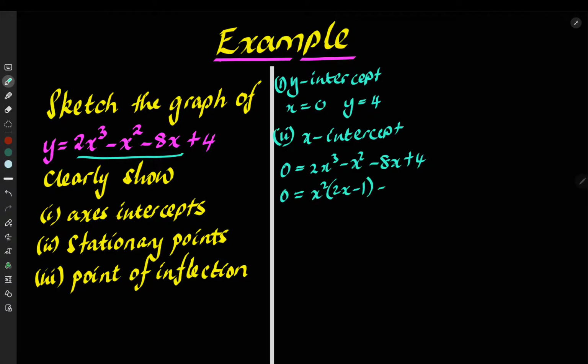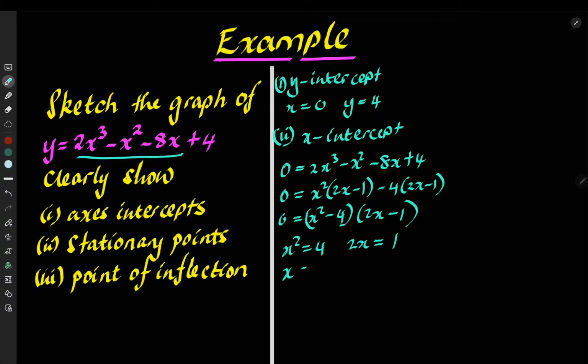Then in the bracket, we factor out negative 4, and we are left with 2x minus 1. So 0 equals x squared minus 4, bracket, 2x minus 1. This can be simplified further to x squared equals 4 and 2x equals 1. We can now say x equals plus or minus the square root of 4, and also x equals a half.